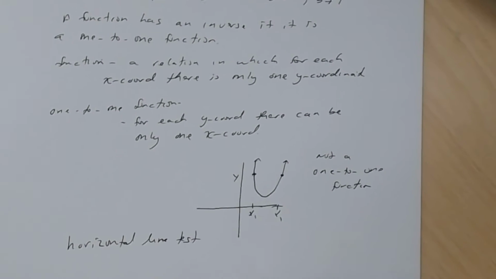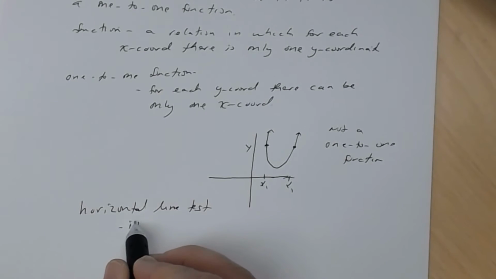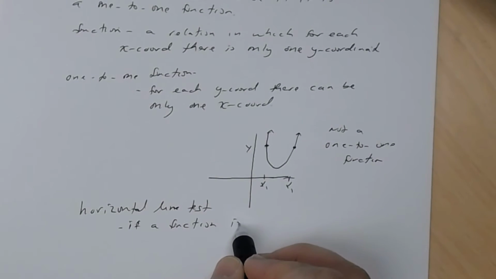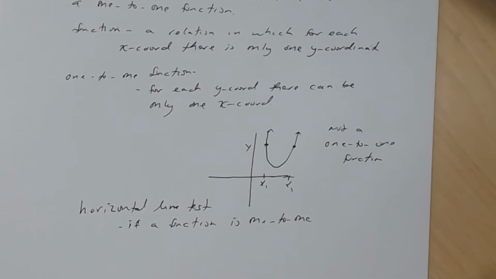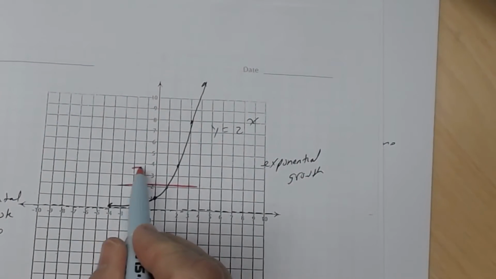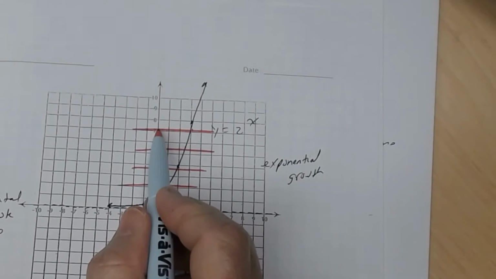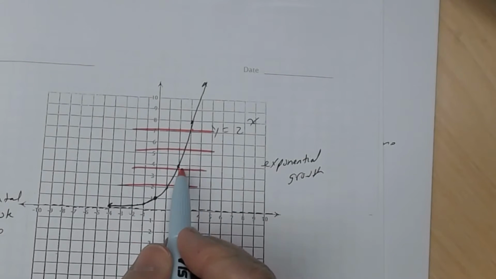You can use a horizontal line test to determine if a function is one-to-one. So for example, no matter where I draw this horizontal line, it intersects the graph just once, which means that for this y coordinate, there's only one x coordinate.